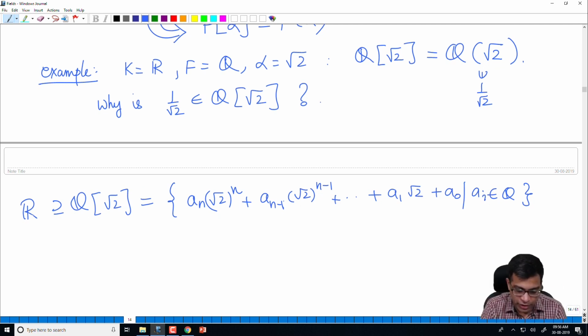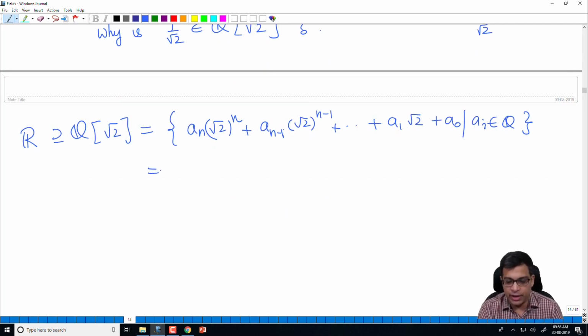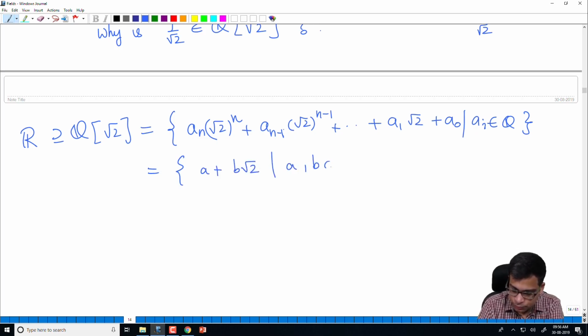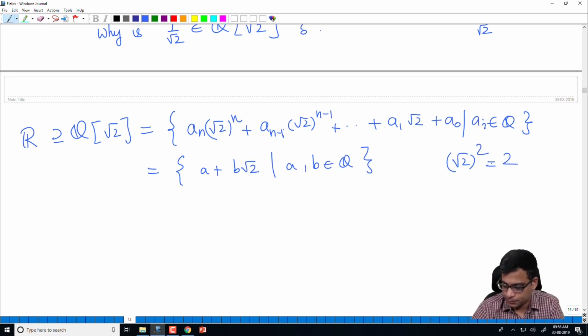So here we are within R and above Q. But of course you can see that root 2 squared is going to be absorbed in a_0. So I am going to really write this as a plus b root 2, a much simpler description, because root 2 squared is 2, root 2 to the fourth is 4 and so on, right?